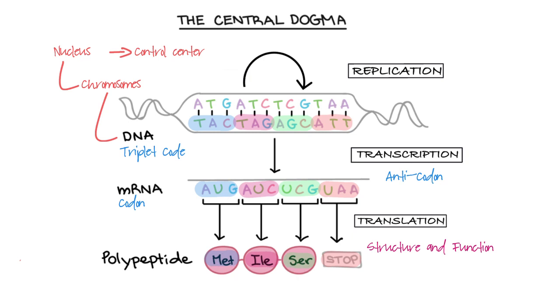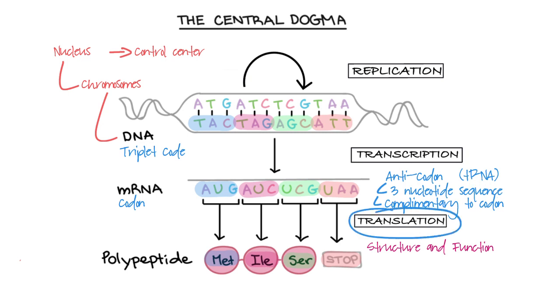Now, this third term, the anticodon, is a specific sequence of 3 nucleotides that is going to be complementary to the codons. These anticodons are going to be found on something called transfer RNA, or tRNA, which is something that's involved in translation. We'll talk about this in more detail when we talk about translation.